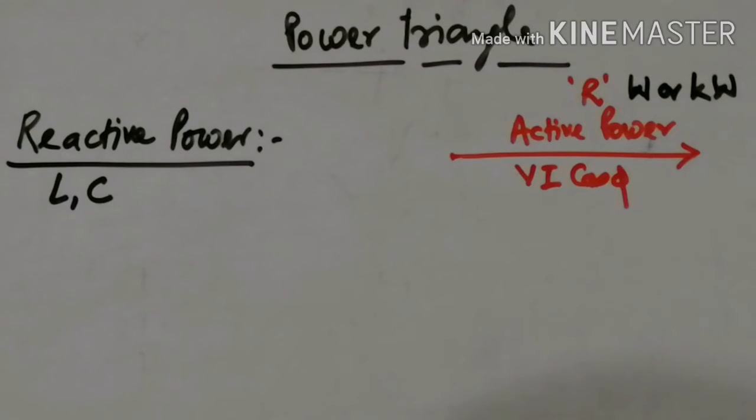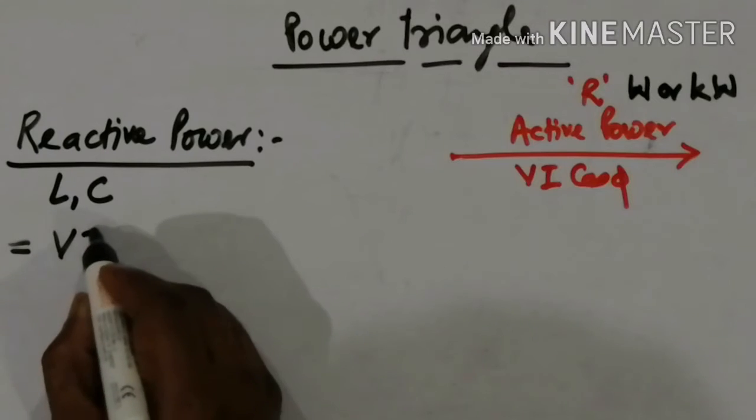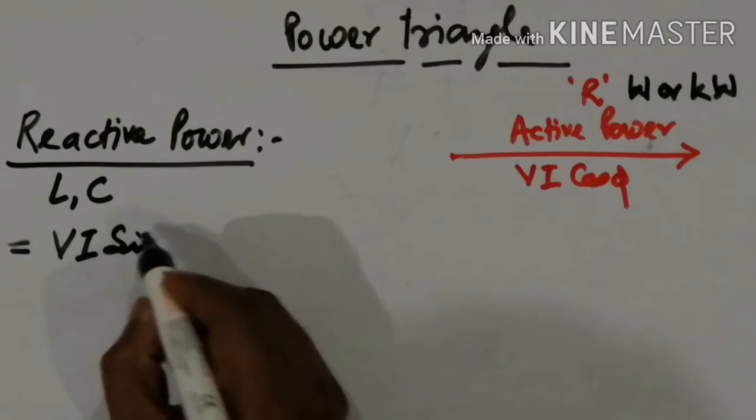In case of reactive power, current is 90° out of phase with the voltage, and reactive power is given by the formula VI sin phi.